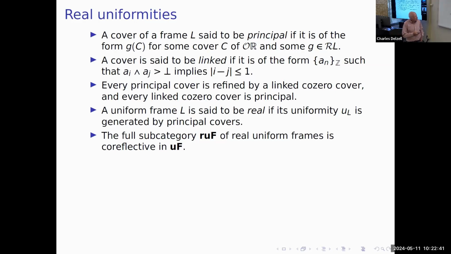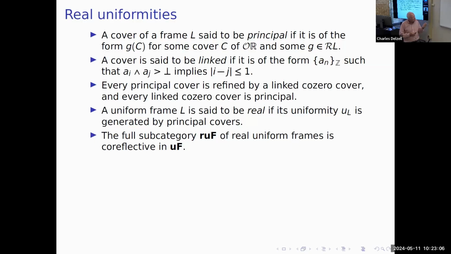What about covers? Well, we're going to say that a cover is principal if it comes from a cover of the real numbers by way of a frame map. Right? That's a principal cover. It's linked if it's indexed by Z in such a way that the adjacent elements may intersect, but otherwise the elements are disjoint.